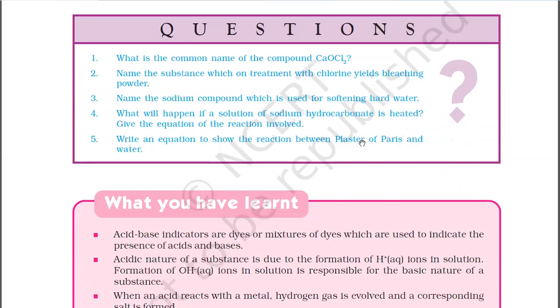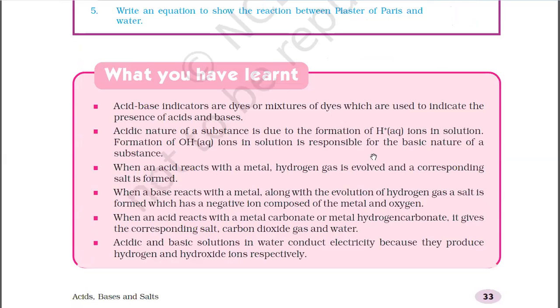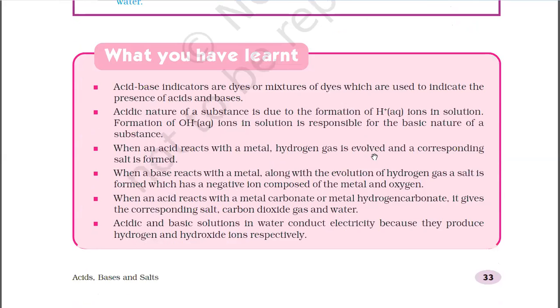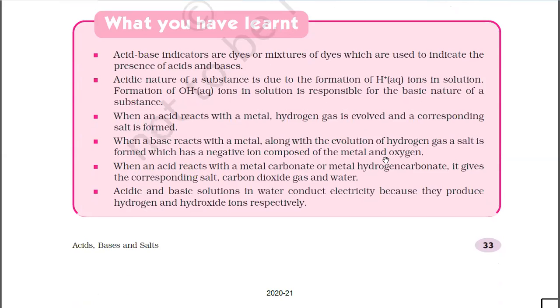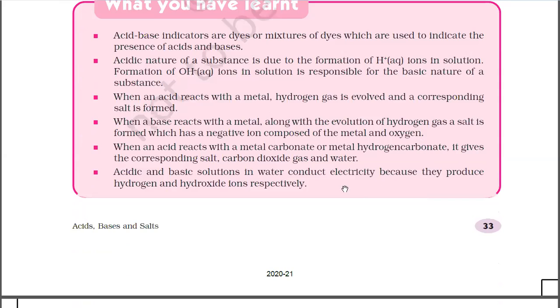What you have learned. Acid-base indicators are dyes or mixtures of dyes which are used to indicate the presence of acids and bases. Acidic nature of a substance is due to the formation of hydrogen ions in solution. Formation of hydroxyl ions in solution is responsible for the basic nature of a substance. When an acid reacts with a metal, hydrogen gas is evolved and a corresponding salt is formed.